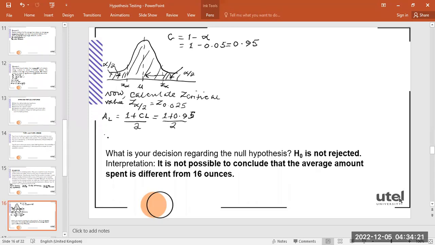So the area to the left, which is the same thing at Z of alpha by 2, or 0.025, is going to be, if we add, 1.95.